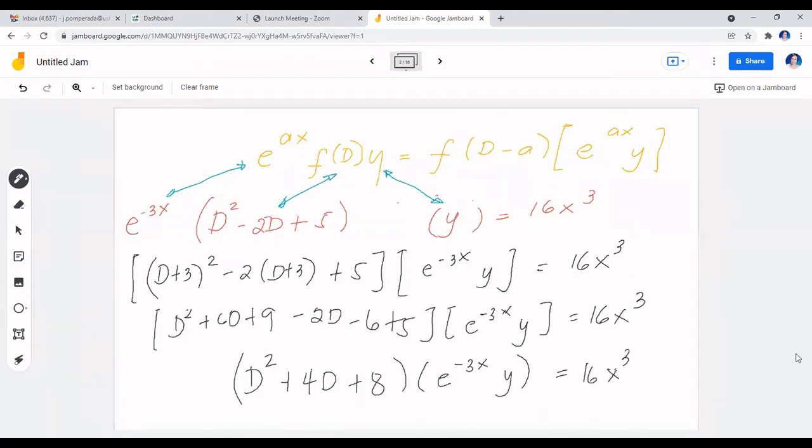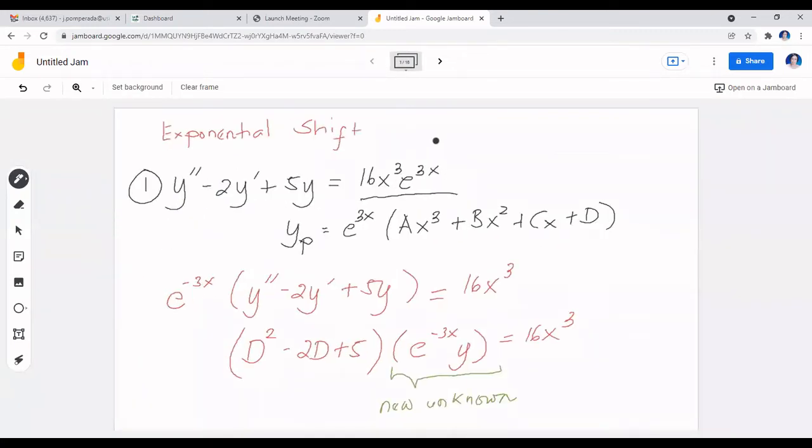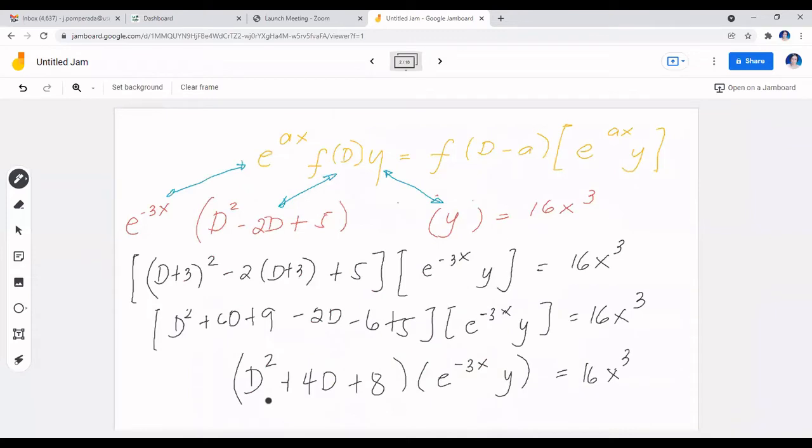So you can only use again exponential shift when the right side of your DE has an exponential function. So with this now, you can write the form of the particular solution of your new unknown function based only on the third degree polynomial you see here on the right side.